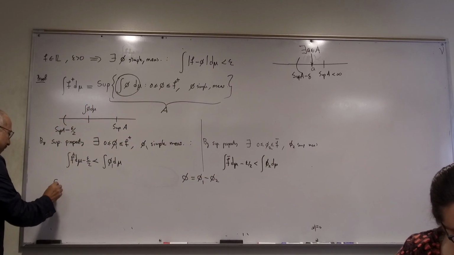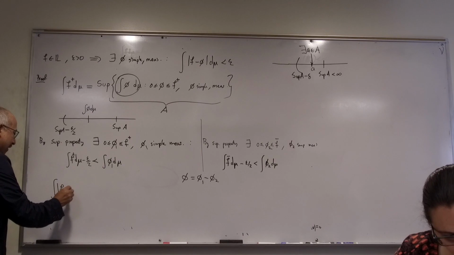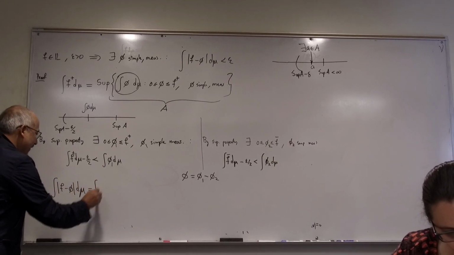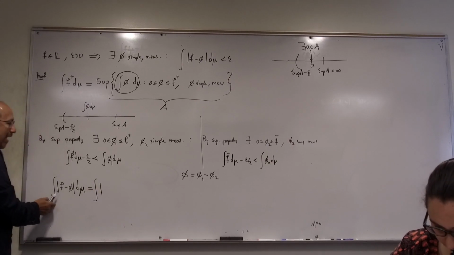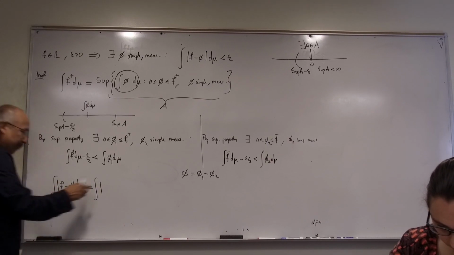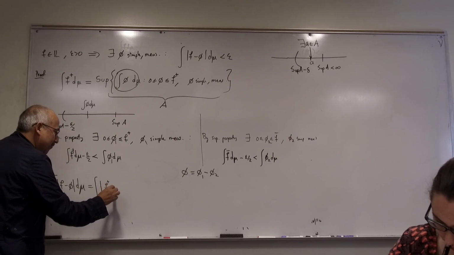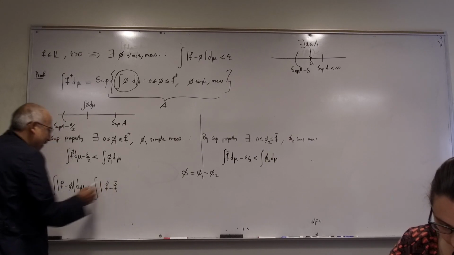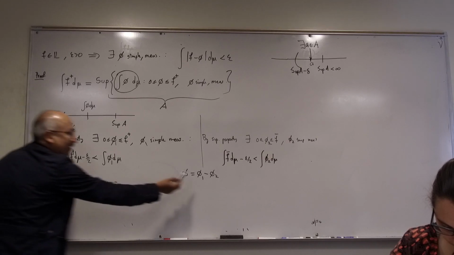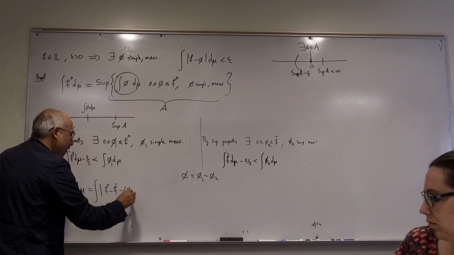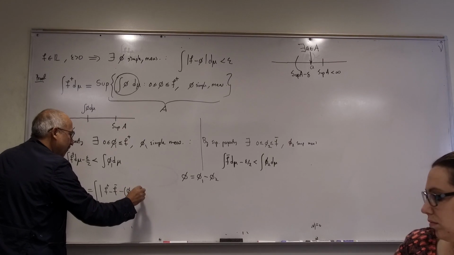Okay, let's put it in. The integral of the absolute value of f minus phi d mu is equal to the integral. Let's replace f by, guess what? f plus minus f minus. Let's replace phi by phi_1 minus phi_2, right?